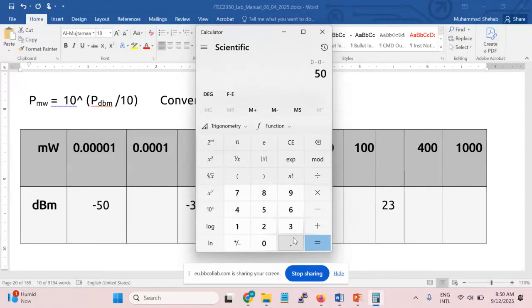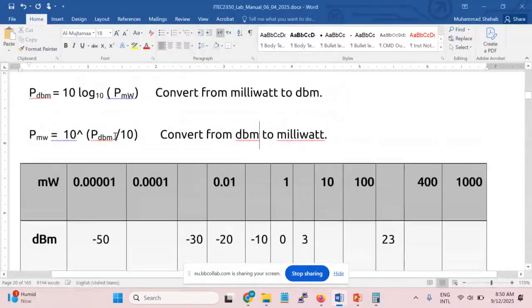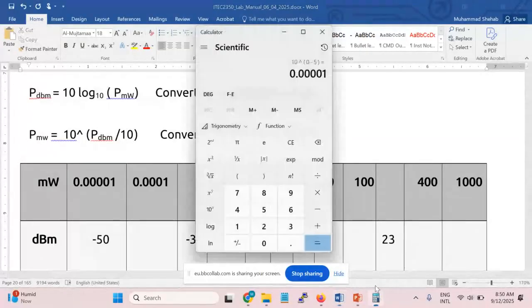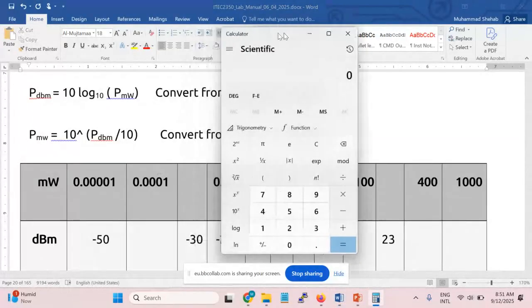Minus 50 dBm divided by 10 is minus 5. 10 to the power minus 5 equals 0.00001. So I only need to apply these two formulas to convert from milliwatt to dBm and from dBm to milliwatt.